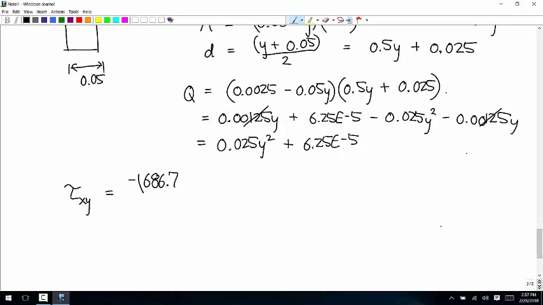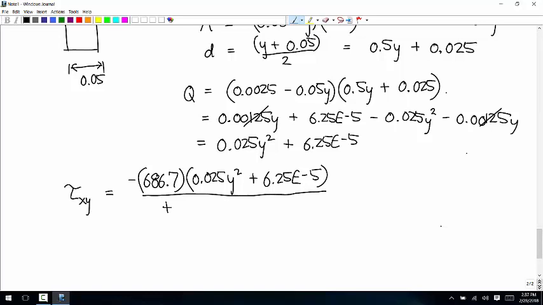Need the negative. And then divided by the I that we got last time, 4.16 repeating times 10 to the minus 6.